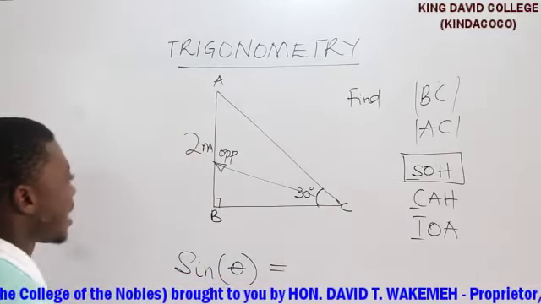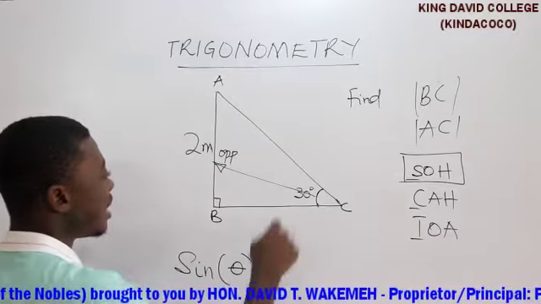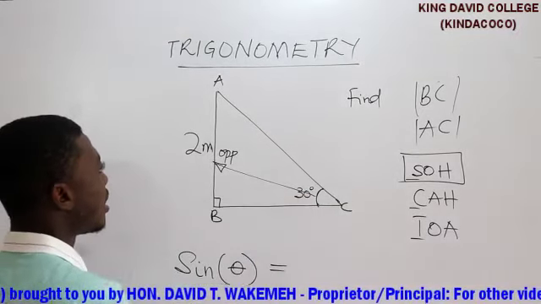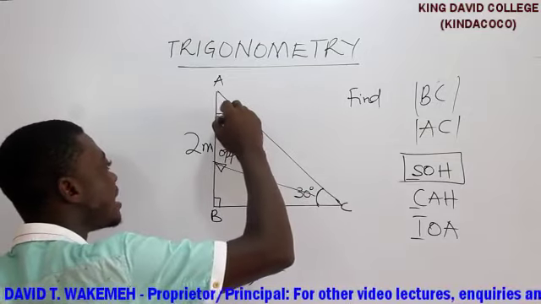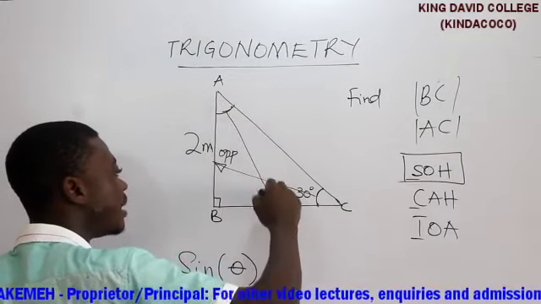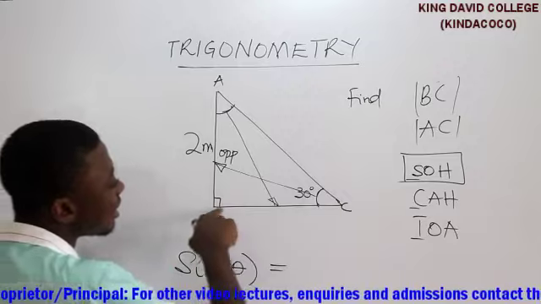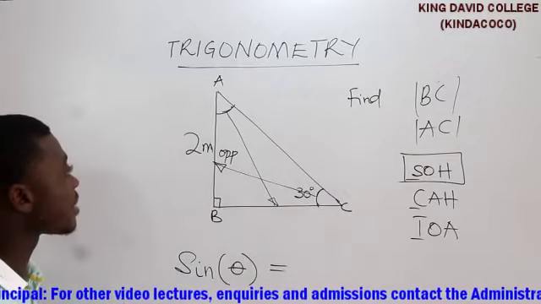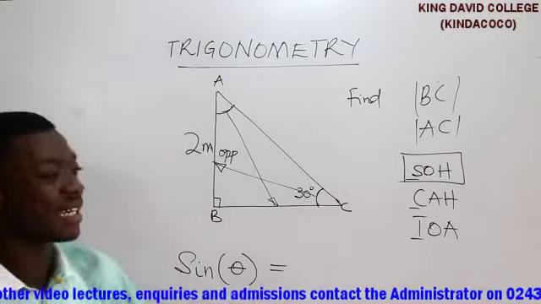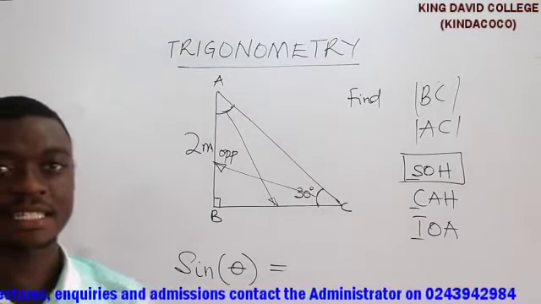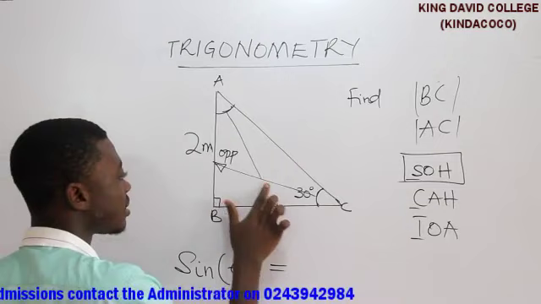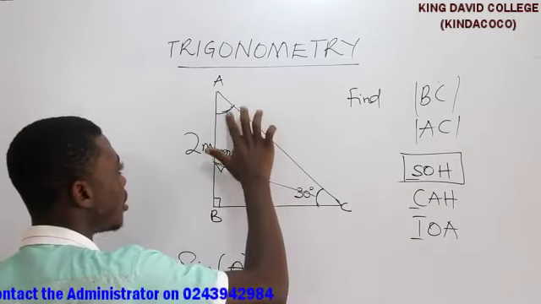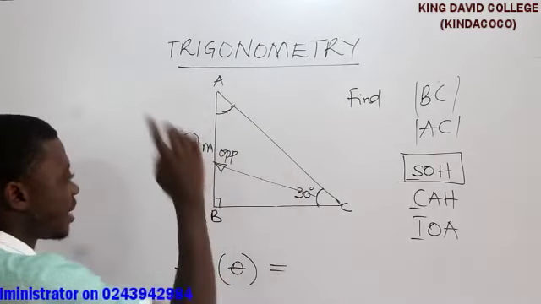Now, if, for instance, the angle is not here, but it's rather here, then the opposite is now going to be this place. It's now going to be BC, because the opposite is the line the angle is facing. That is what we call the opposite. So let's concentrate on the question we have.